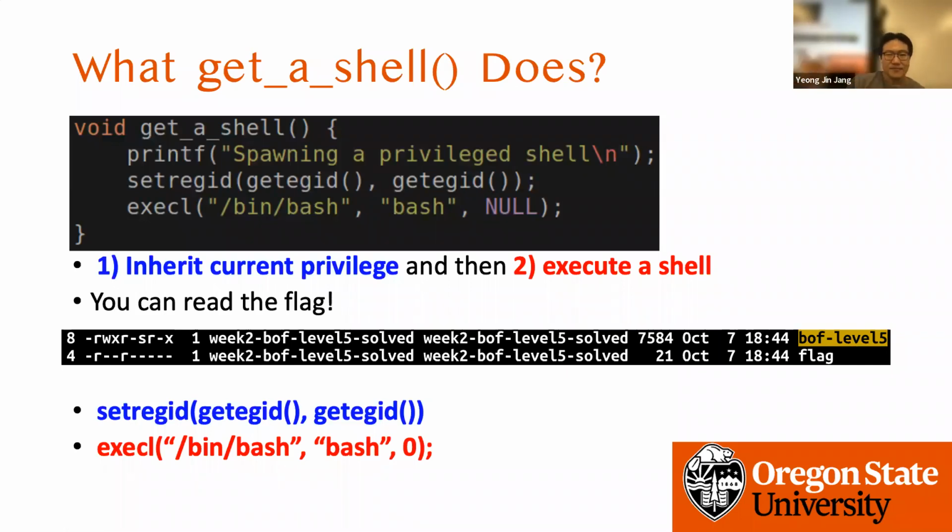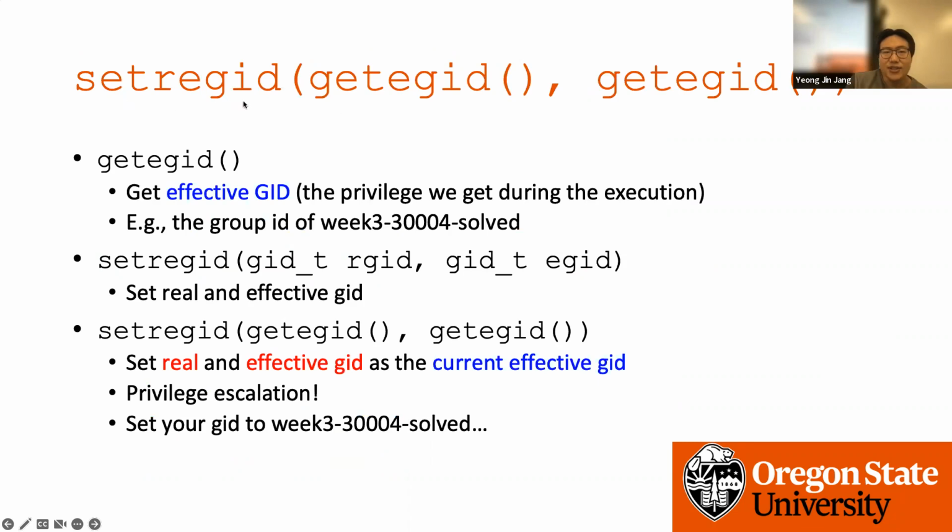So what we need to do first, before running the shell program, is inherit the privilege. To do that, we use the functionality setregid, which sets the real and effective group ID.